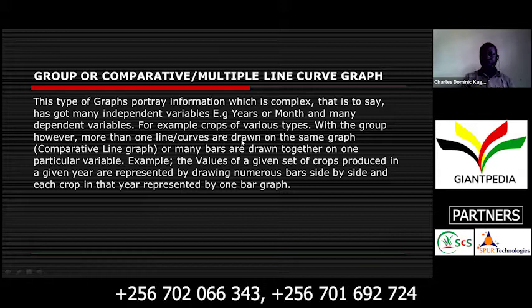Thank you. So the reason why they are called comparative line graph or bar graph is that they are used for purposes of comparison. You will find that you have many bar graphs or many line graphs, which are representing different information in different years or in different items.